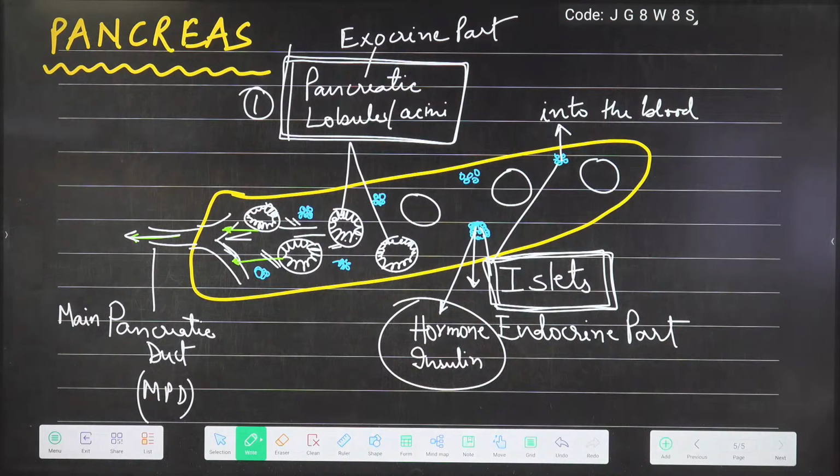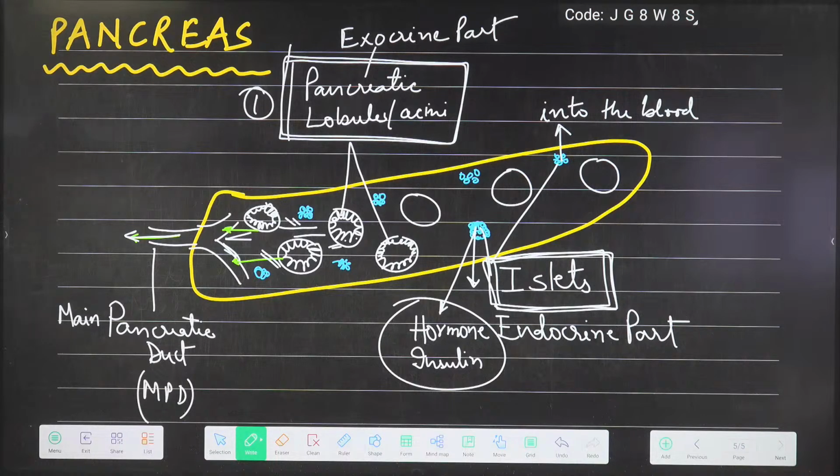If the insulin is deficient in the body, then the person is having problem with the blood sugar level. The blood glucose exceeds too much. The person will be having too much sugar in the blood, and therefore the kidneys will filter the extra sugar and the sugar will come in the urine. Normally our urine does not contain any amount of sugar.